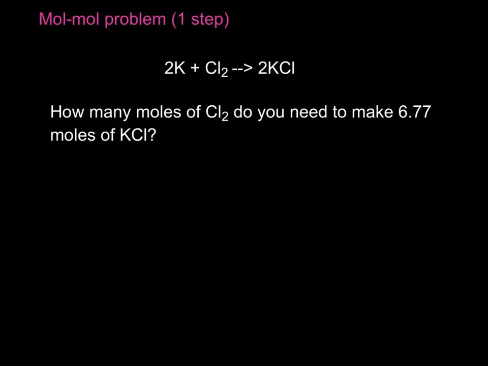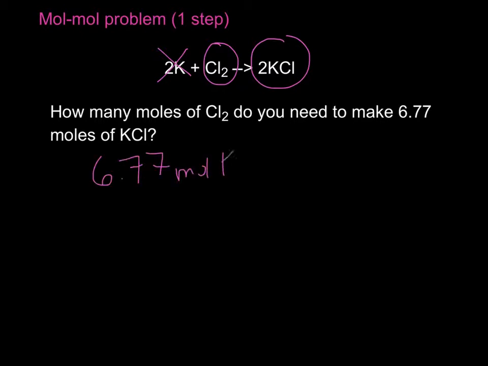All right, from reading the question, I know that the species in the equation that I care about are KCl and chlorine. Potassium does not come into this. We don't even need it, so pretend it's not there. I have to start with the number I'm given in the problem, 6.77 moles of KCl.